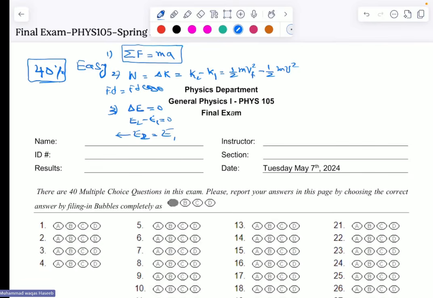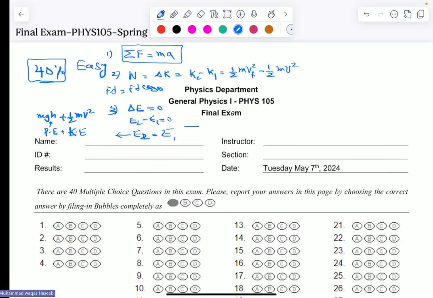This is the total energy. What is the total energy? The sum of potential energy plus kinetic energy. Potential energy is mgh, which is the energy related to position, and the energy related to motion is the kinetic energy.